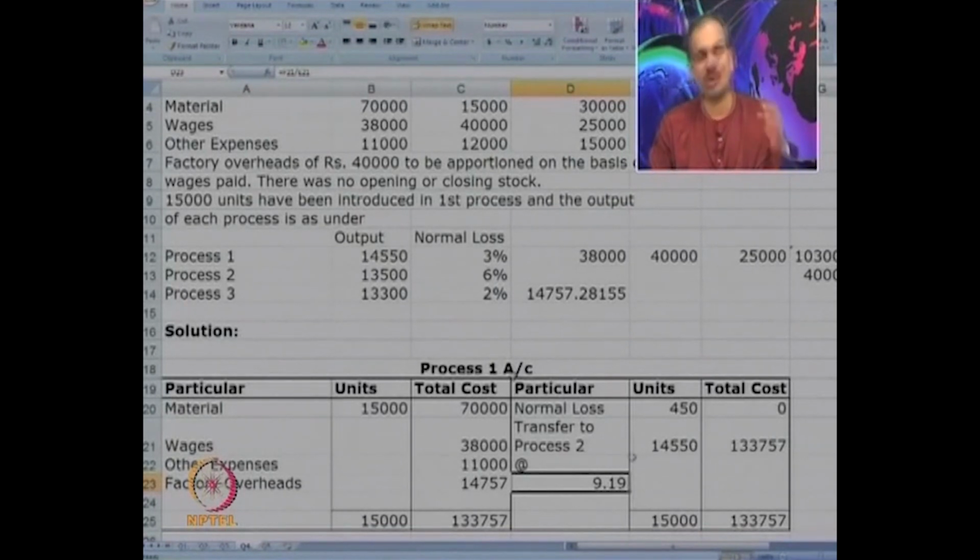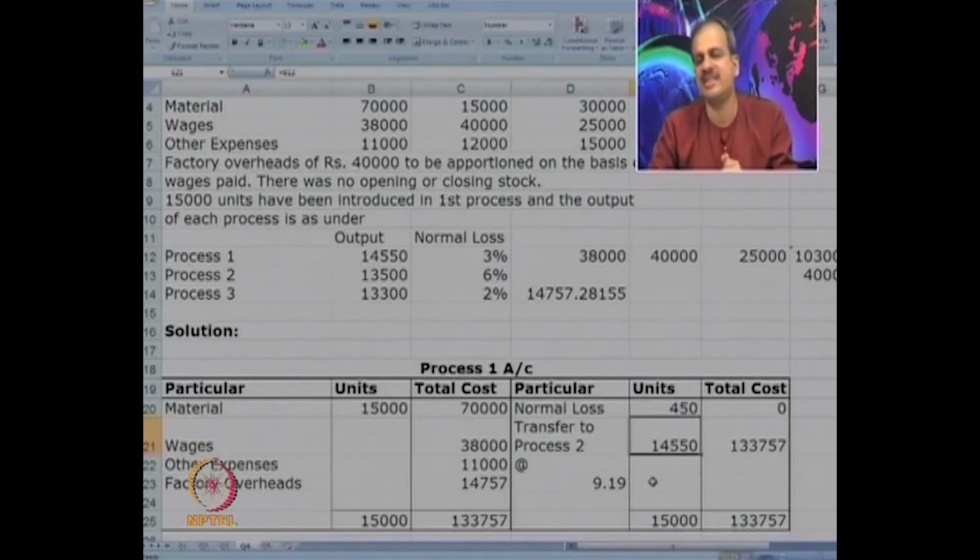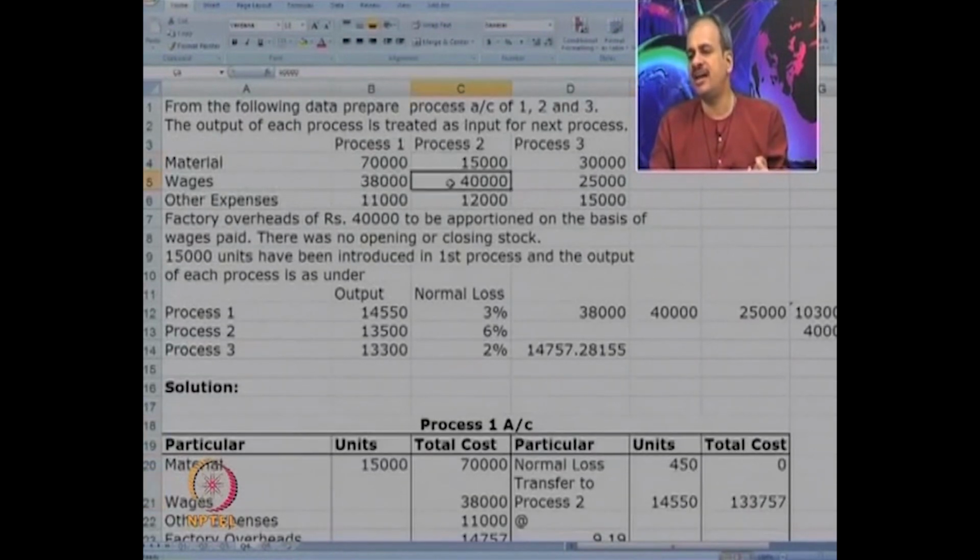So in the process 2 account, first you will charge the amount which is transferred from process 1, which is 133,757 for 14,550 units. Then you will charge material, wages and expenses, which are 15, 40 and 12 for process 2. Next, what will you charge?